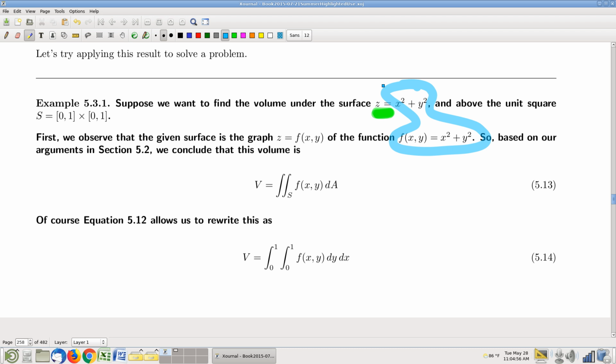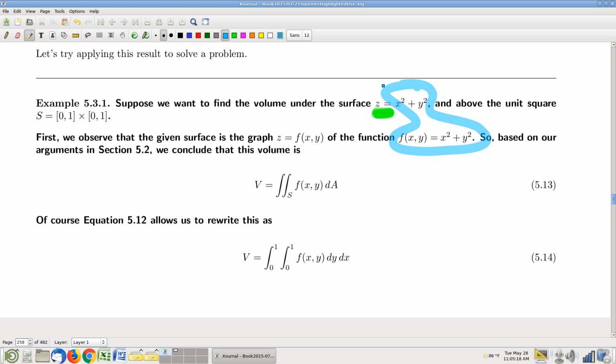Don't rewrite this as x squared plus y squared minus z and talk about how this is a level set of this other function. That function, x squared plus y squared minus z, does not tell me height. I need height is z. I'm looking for how to interpret this as a graph. We're looking at a graph of this function.